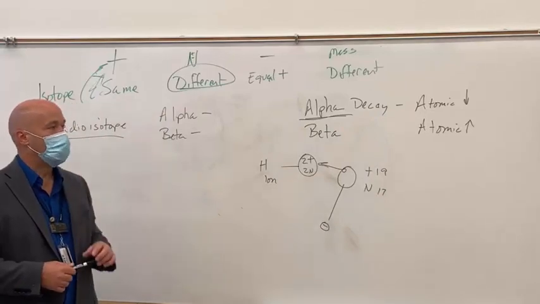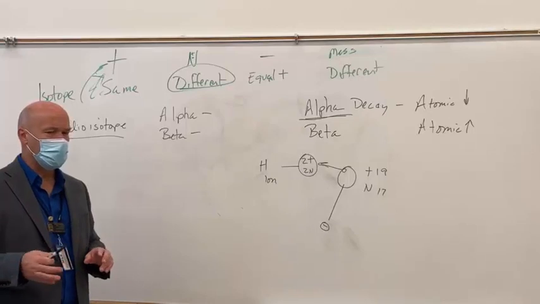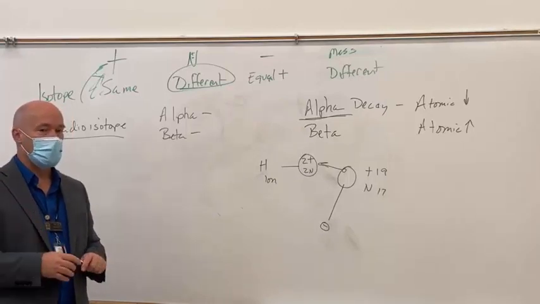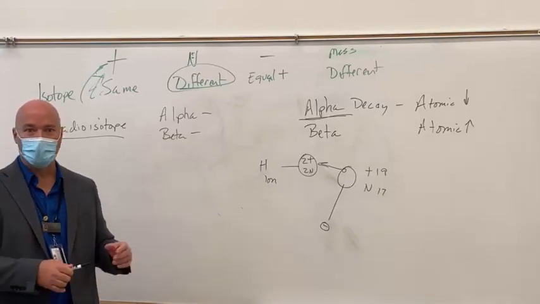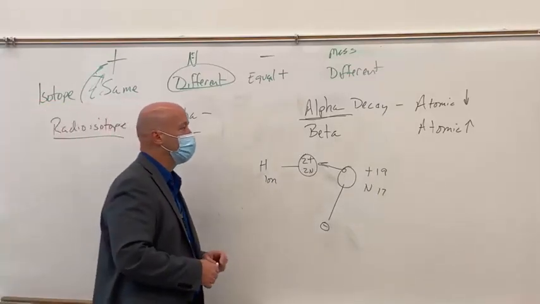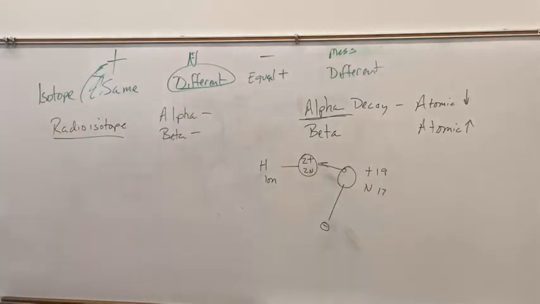For example, you'd have to look this up, plutonium or uranium, I think it's plutonium, eventually decays into lead. So it becomes something totally different. So y'all good with that? Any questions on that? Is alpha emission always going to be 2 protons? Yeah, it's always going to be a helium nucleus.